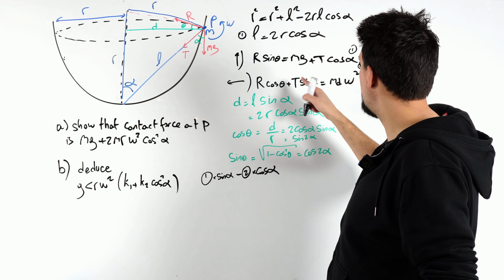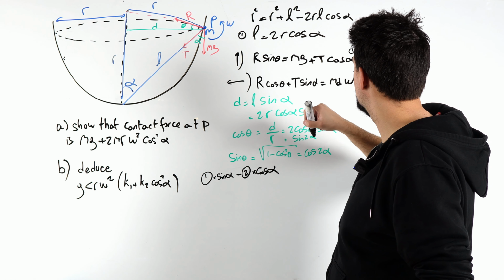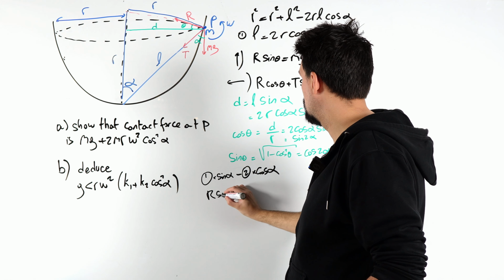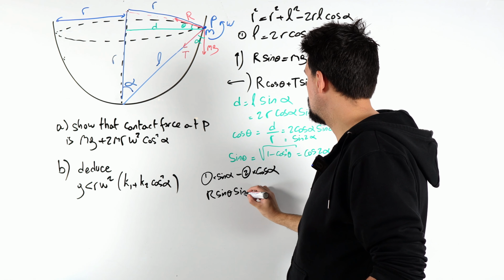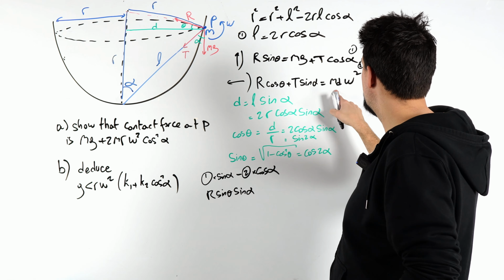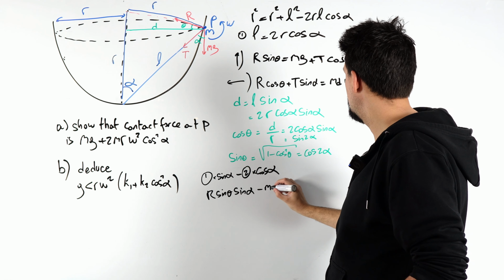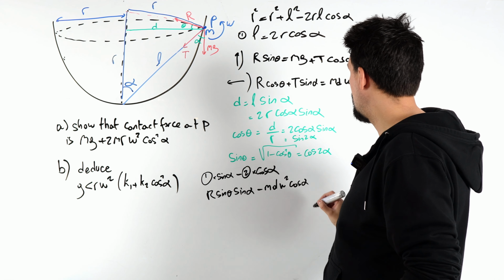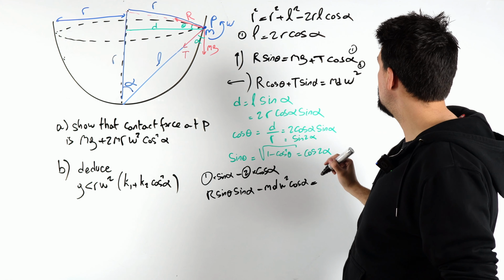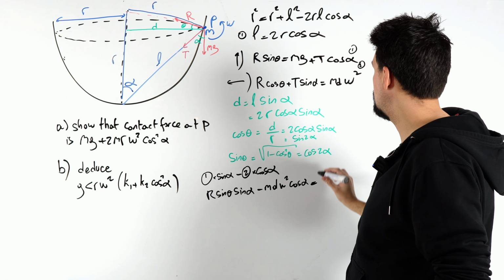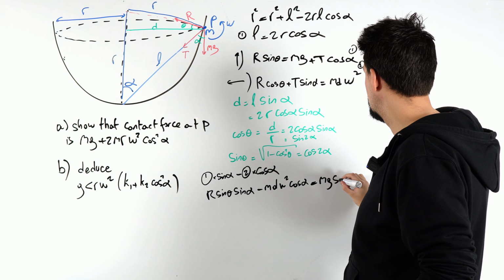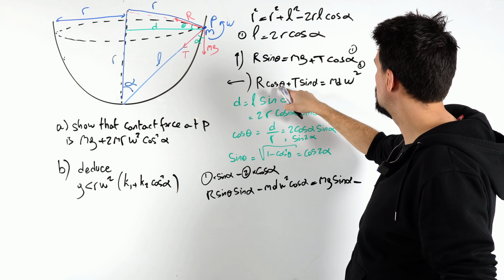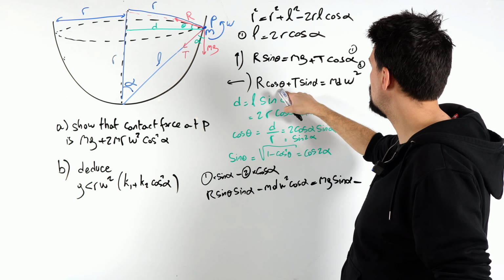Which tells me that r sine theta sine alpha minus md omega squared cos alpha is equal to mg sine alpha minus r cos theta sine alpha.